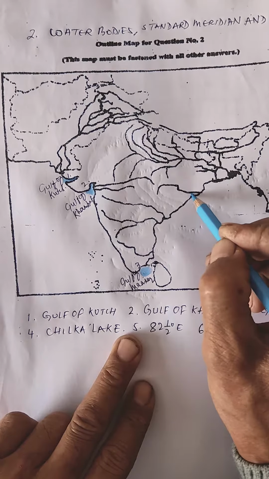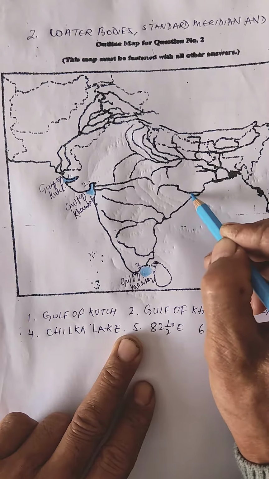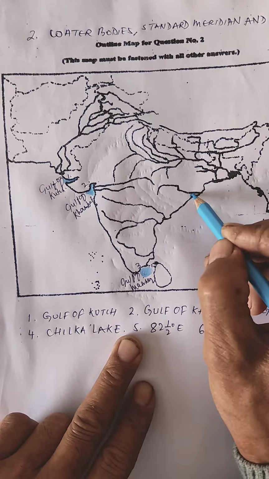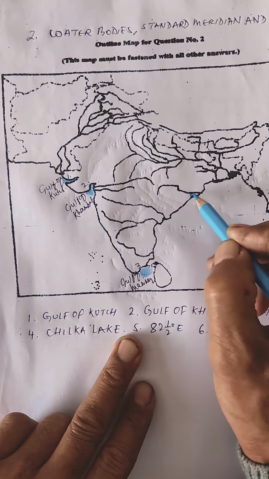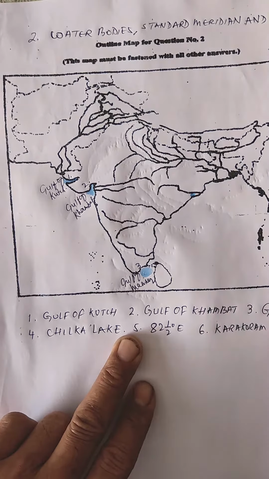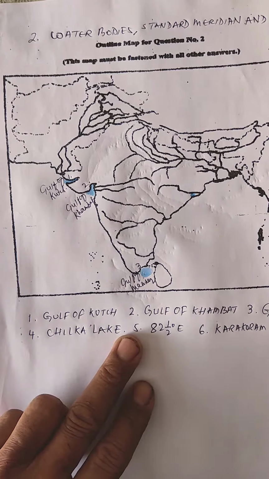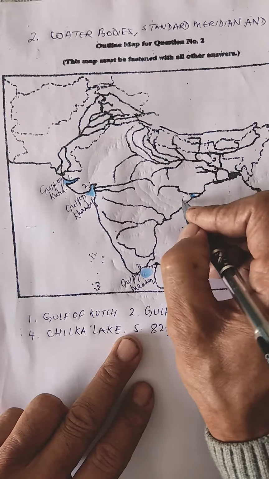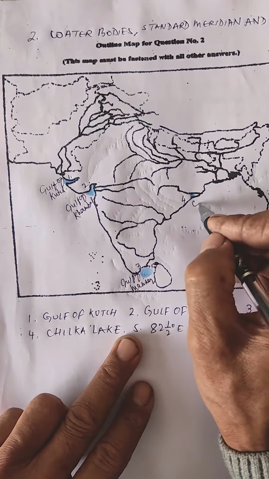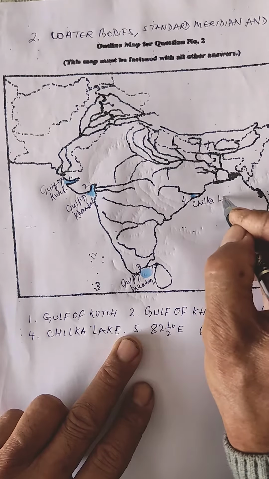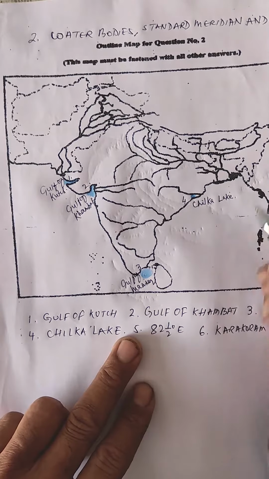On the map it is very small, but in reality, it is the largest saltwater lake. It's called a lagoon. A lake fed by seawater is called a lagoon. So the fourth one is Chilka Lake. CHILKA, Chilka Lake, gone.